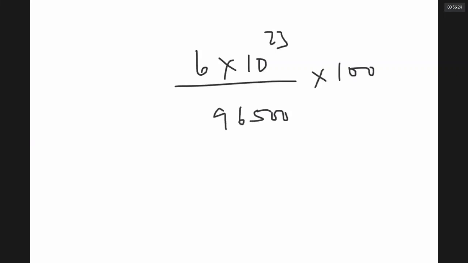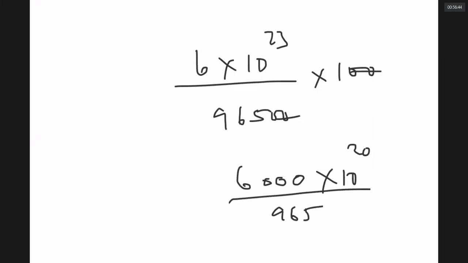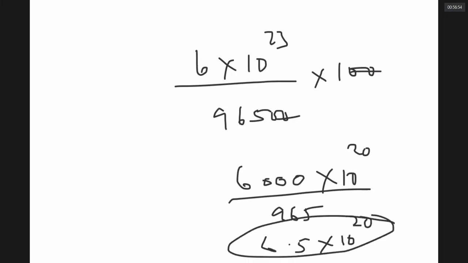It is equal to 6,000 into 10 to the power 23 divided by 96,500, which gives 6.5 into 10 to the power 20 atoms. You understand, sir? So many atoms, really.